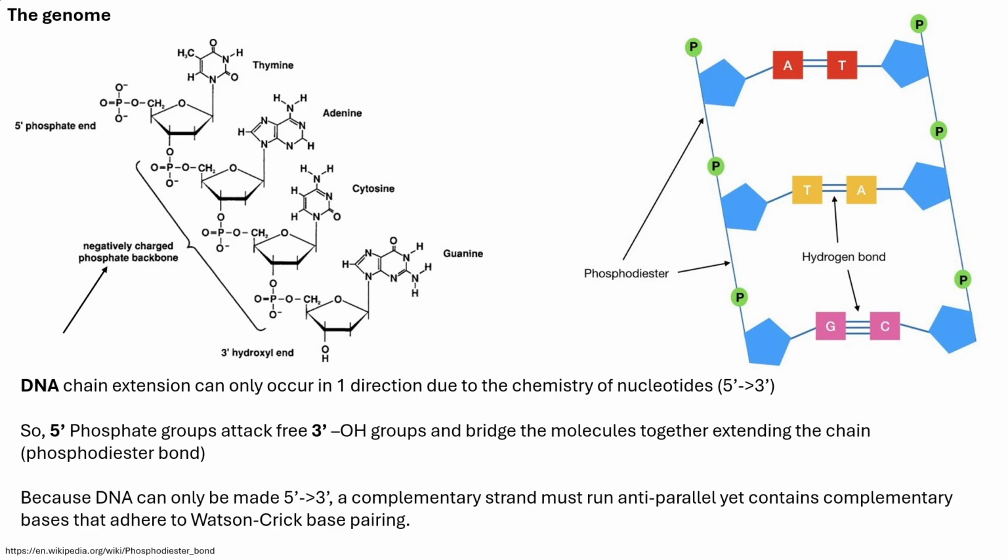So because DNA can only be made in a 5' to 3' direction, you have to have a complementary strand that runs anti-parallel. You can only build it 5' to 3', so going 5' to 3' in the other direction is going like this. So they're anti-parallel to each other, and also it's a reverse complement. As we established before, adenine binds with thymine, so you would have to have the opposite binding partner.